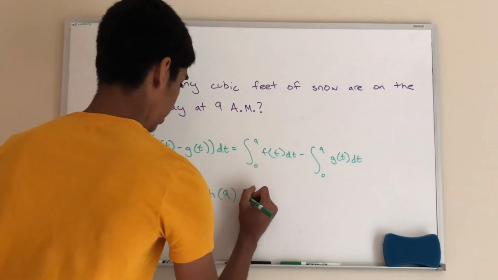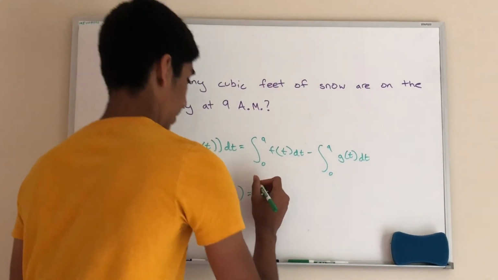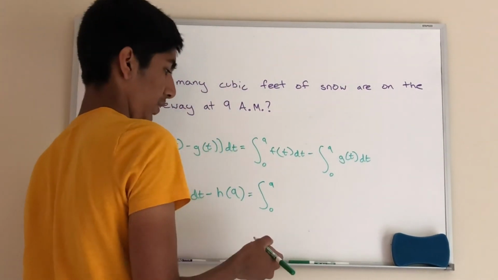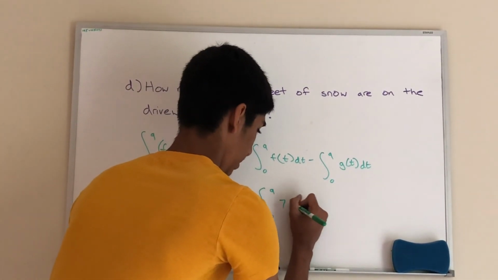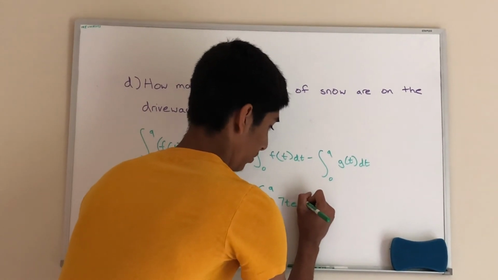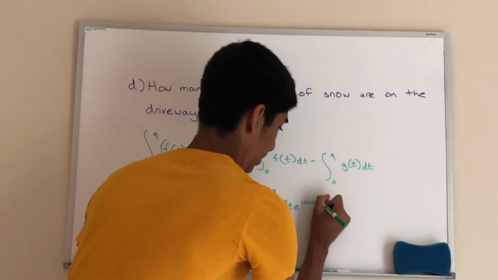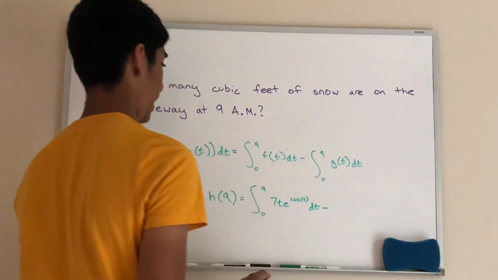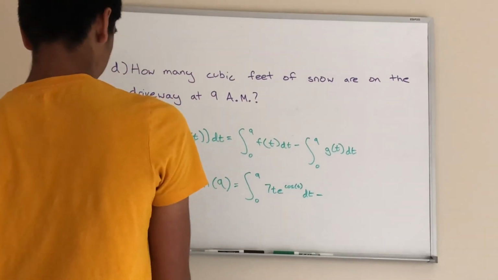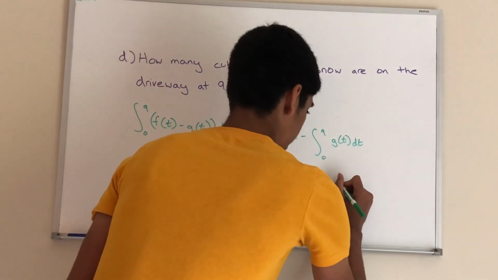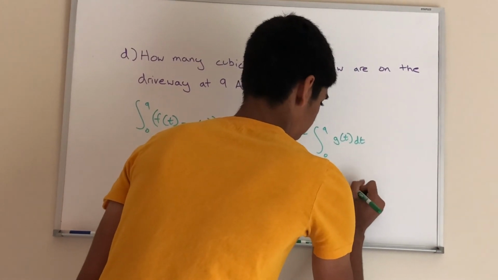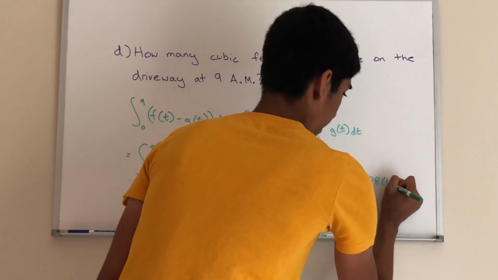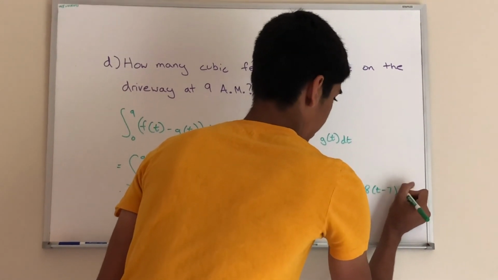So solving this equation, we get the integral from 0 to 9, and then plugging in f of t, we get 7t e to the power of cosine of t times dt minus h of 9, which is going to equal 125 plus 108 times (t minus 7).